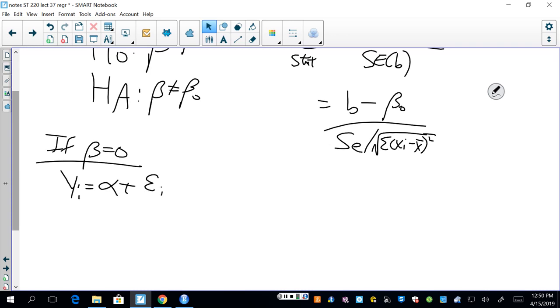No X's at all. And so in a graph of Y versus X, we would expect them to be flat. And the points would just be randomly scattered up and down around this without any trend up or any trend down. The null hypothesis if beta is 0 is just flat, no slope.